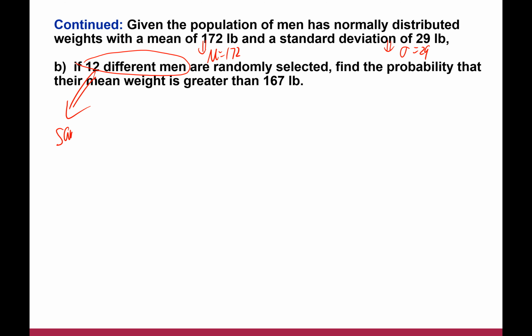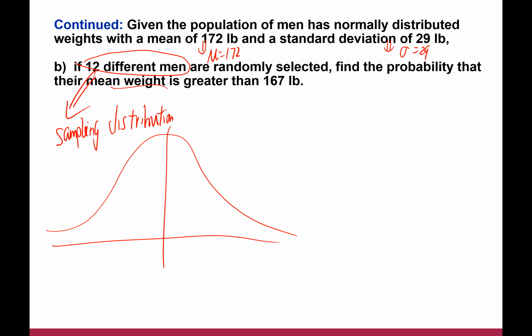This is what we call a sampling distribution. Again, draw the bell curve. Population mean mu is 172, sample mean 167, greater than that. So again, we're looking for the area to the right.